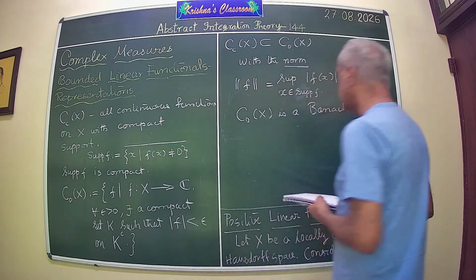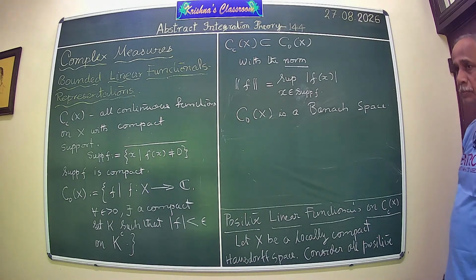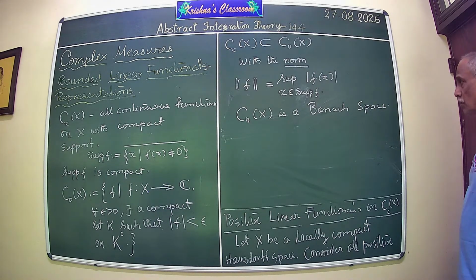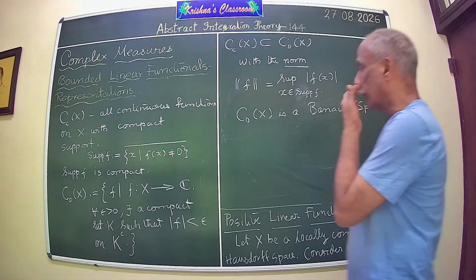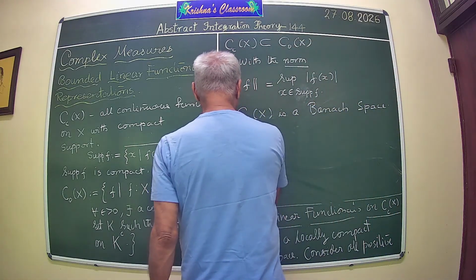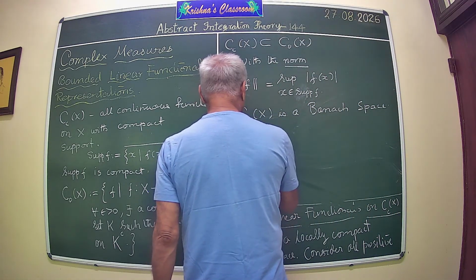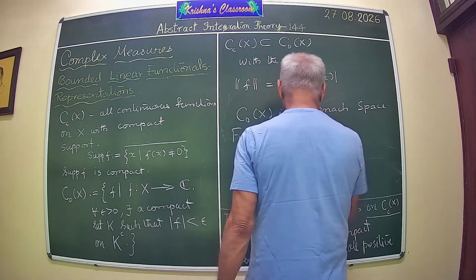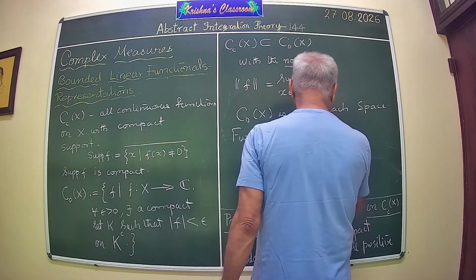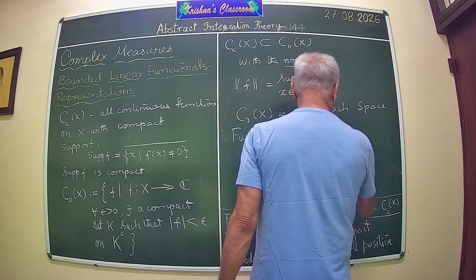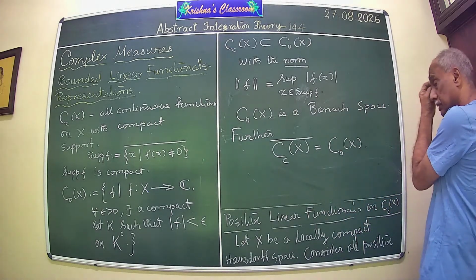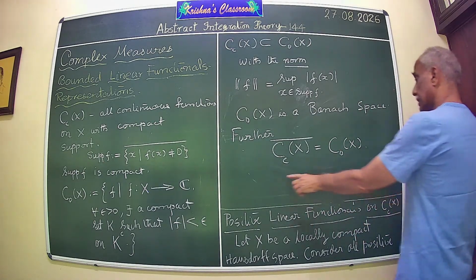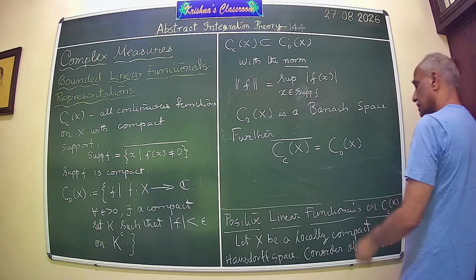C naught x is a Banach space. That means it's a complete normed linear space. That means all Cauchy sequences of elements in C naught x converge in the same space itself. Okay, and what we have further is that the closure of CCX equals C naught x. That means the following, that CCX is dense in C naught x.